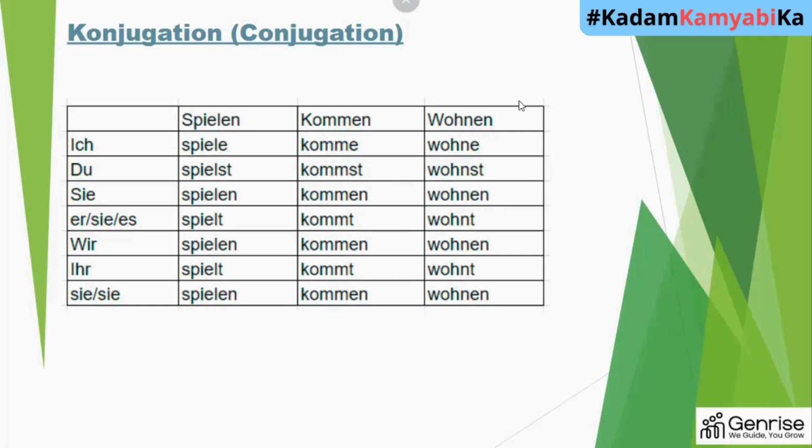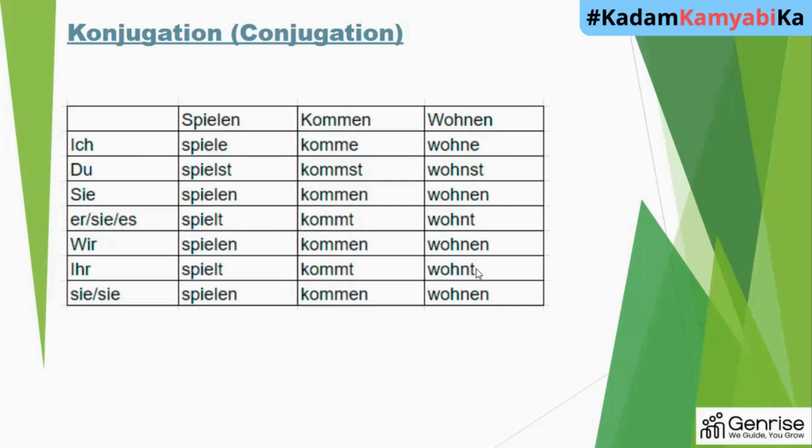Wohnen means to live or to stay. So, ich wohne. Du wohnst. Es wohnt. This capital Sie will be wohnen. Wir wohnen.